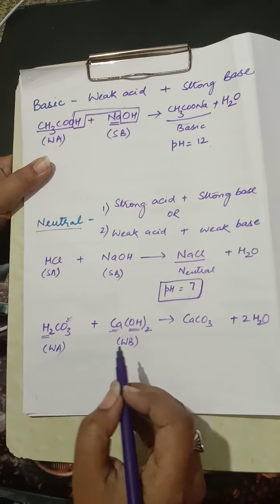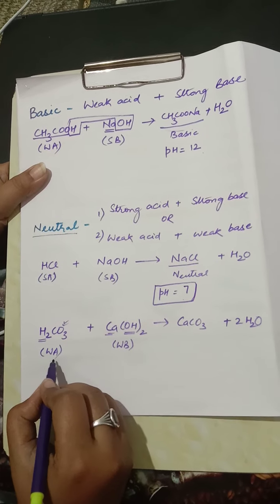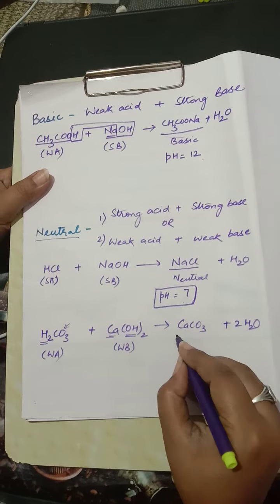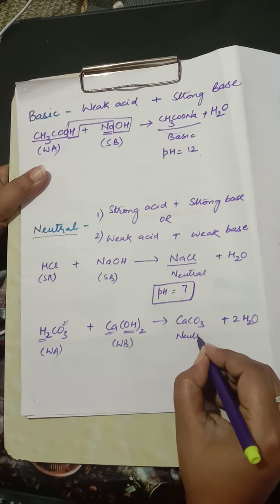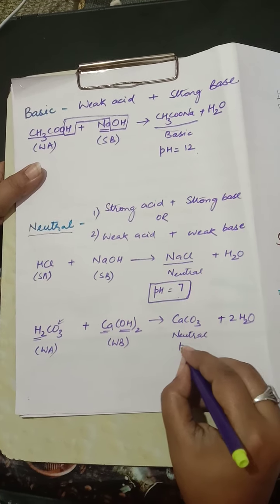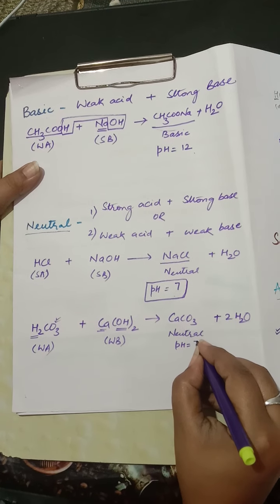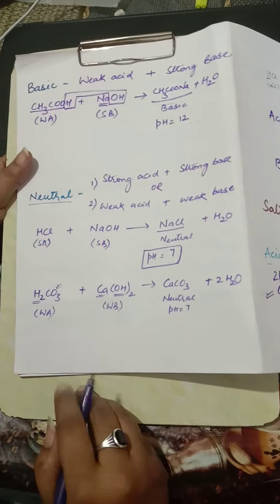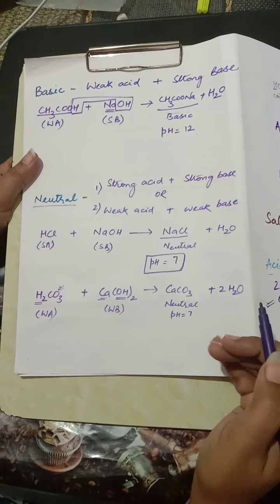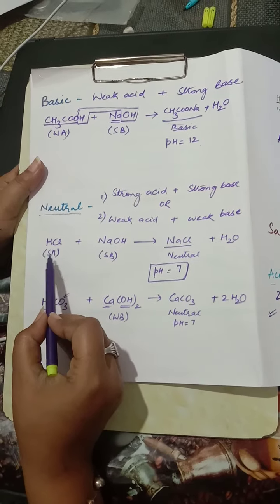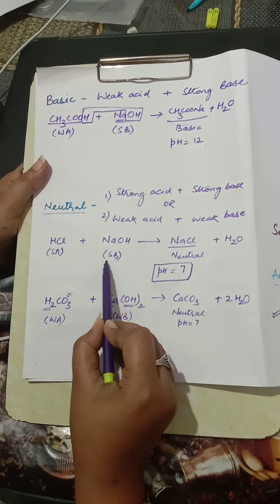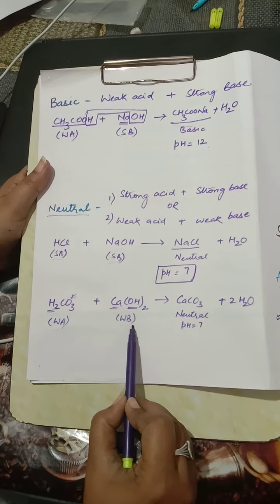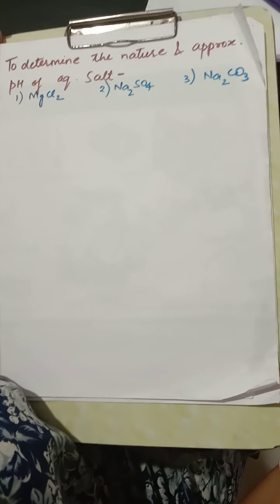In this reaction, what is happening? Weak acid is neutralized by weak base, so the salt formed is neutral in nature and its pH value is exactly 7. So, we can conclude that neutral salts are formed by either strong acid and strong base, or weak acid and weak base.